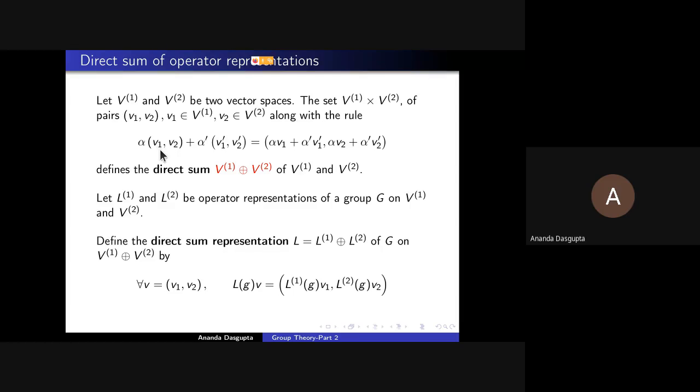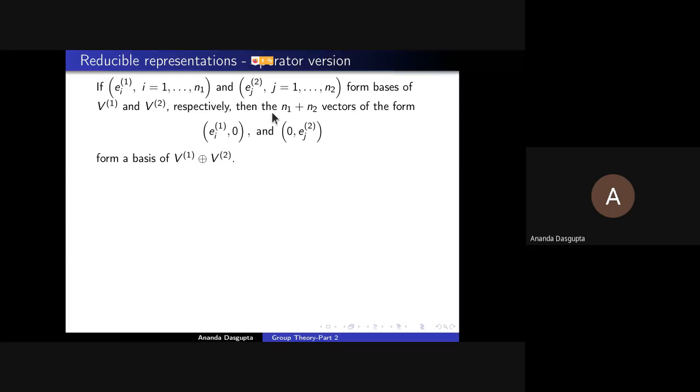Well, if you have a basis for capital V1, E11, E12, up to E1N1, that's the N1 basis vectors which span capital V1, and you have some vectors E21, E22, E23, etc., up to E2N2 which span capital V2, then these vectors, with 0 for the second piece in the first set and 0 for the first piece in the second set, together form a basis for V1 plus V2.